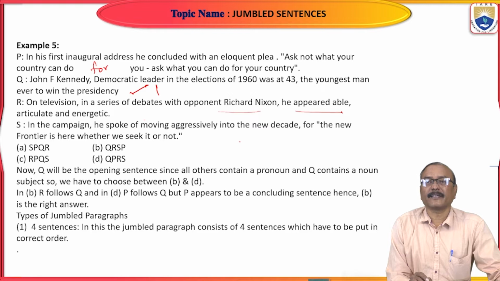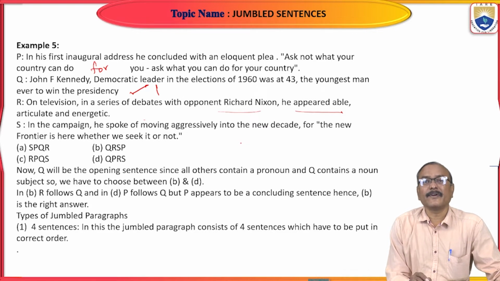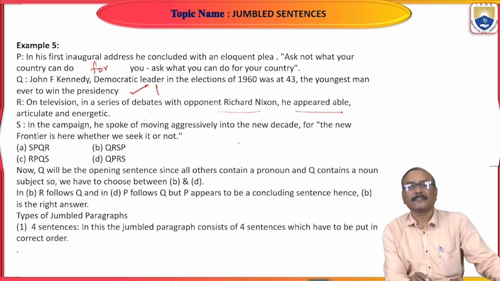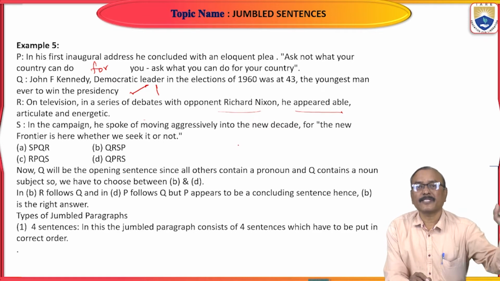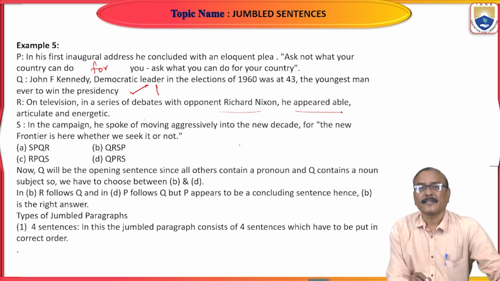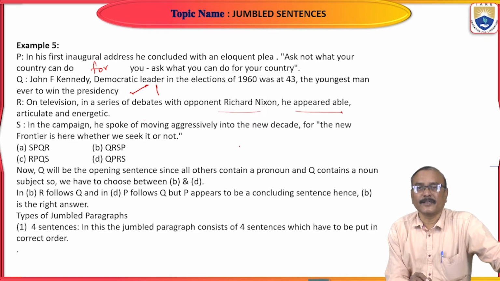John F. Kennedy, Democratic leader in the elections of 1960, was at 43 the youngest man ever to win the presidency. This is the first sentence, because we are introducing a person for the first time. We have to use the name. That is the first sentence, no doubt.